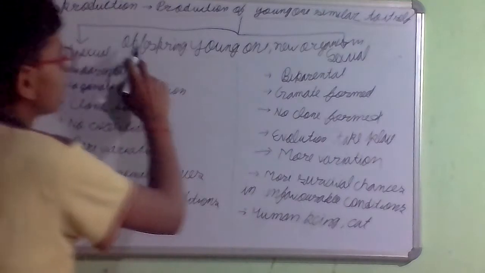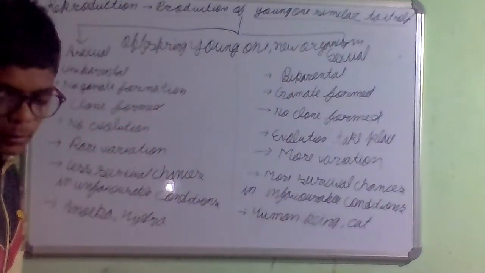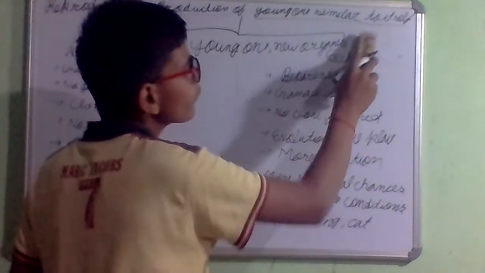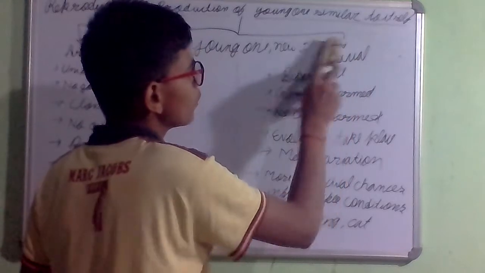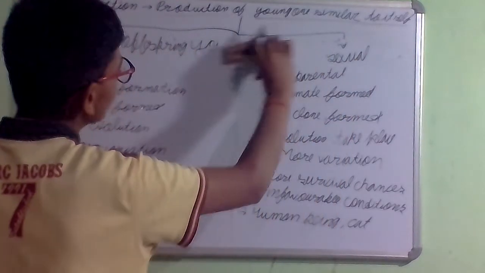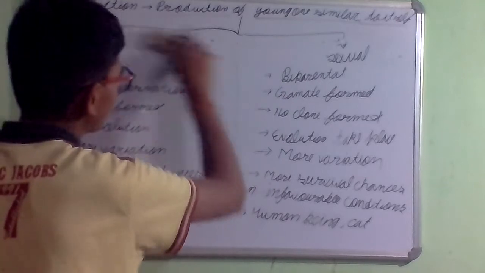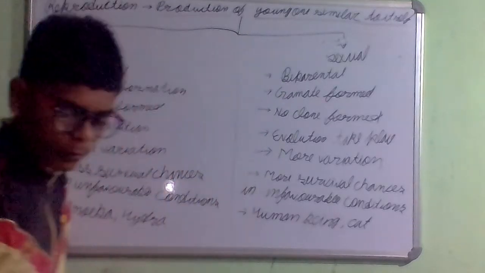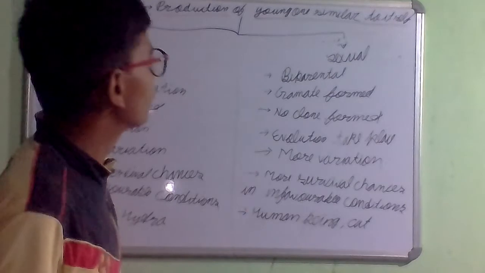These three words have the same meaning, so we can use any one of them in this place. So we can say production of a young one similar to itself, production of an offspring similar to itself, production of a new organism similar to itself.